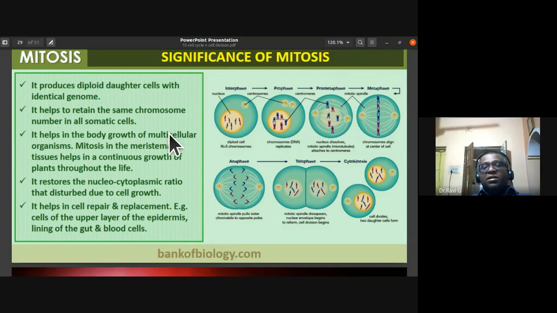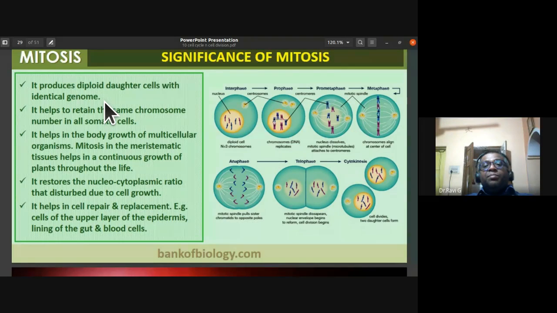I've already told you why they have diploid daughter cells with identical genome: DNA duplication or replication produces identical copies, and there is no recombination here as it happens in meiosis. There is no gene recombination. As a result, the diploid daughter cells will have an identical genome as that of the parental cell.